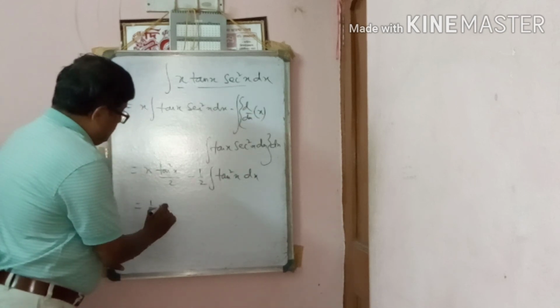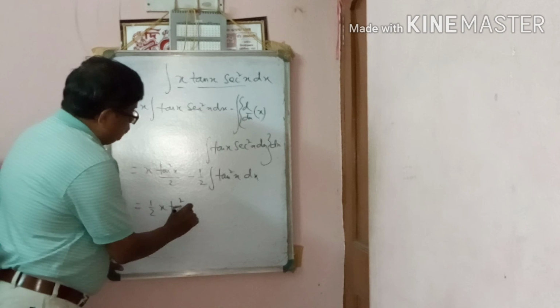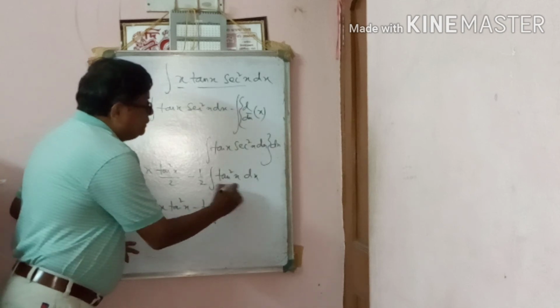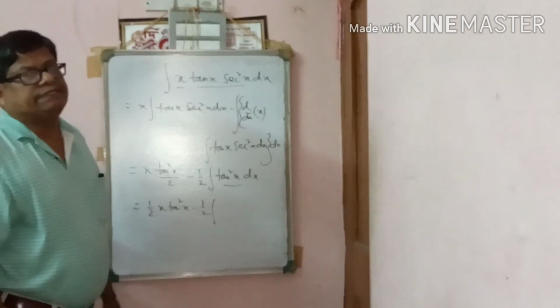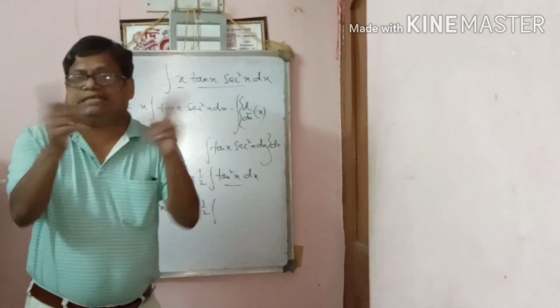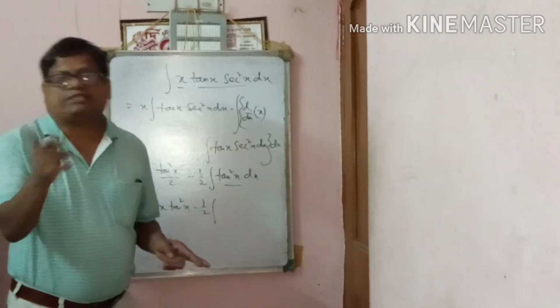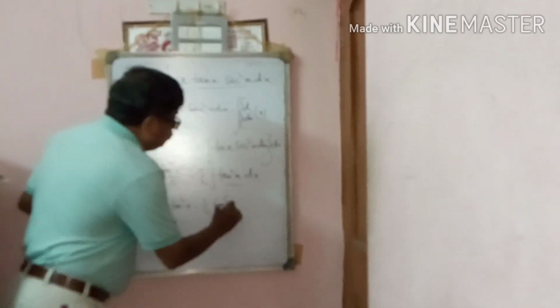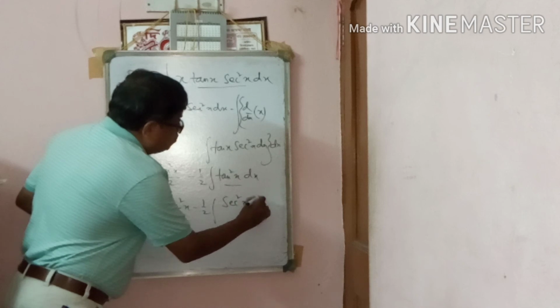Now half x tan square x minus half integration of tan square x dx. All of you know this integration, no, wrong. So tan square x will be sec square x minus 1, right? So it will be sec square x minus 1 dx.